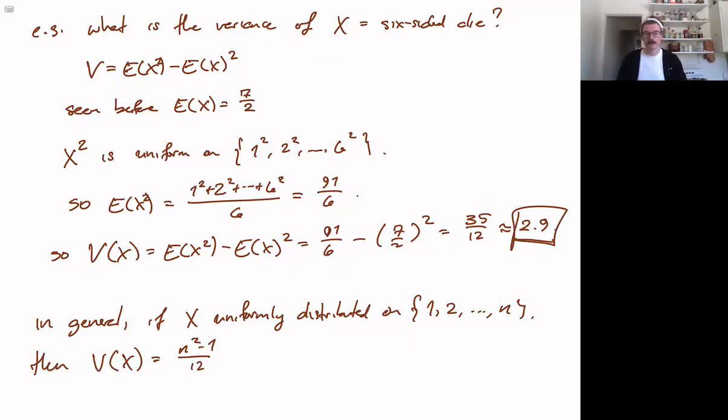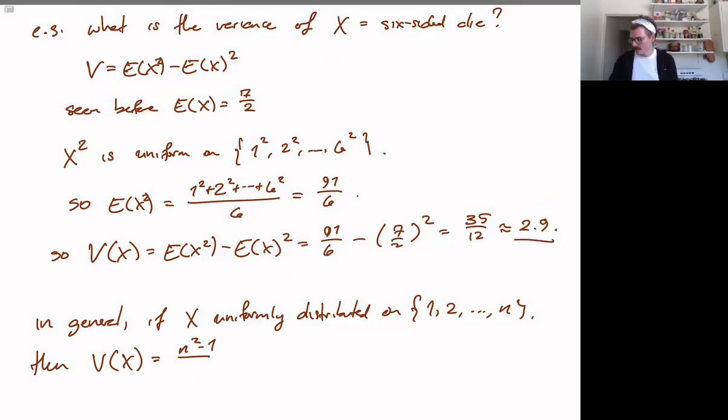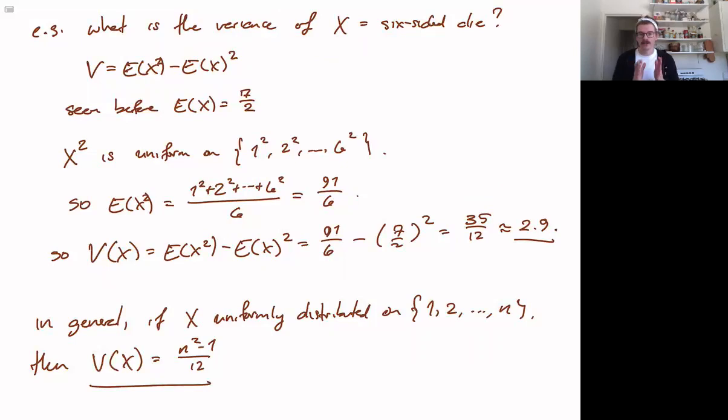That's not going to be a general pattern, because you can see from our general formula, as you increase the width of this distribution, the variance actually is increasing as the square of this width. But in particular, this is one of the reasons why sometimes you're interested in the variance and sometimes you're interested in the standard deviation.